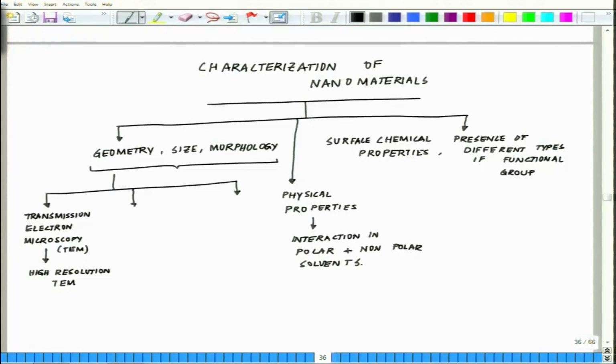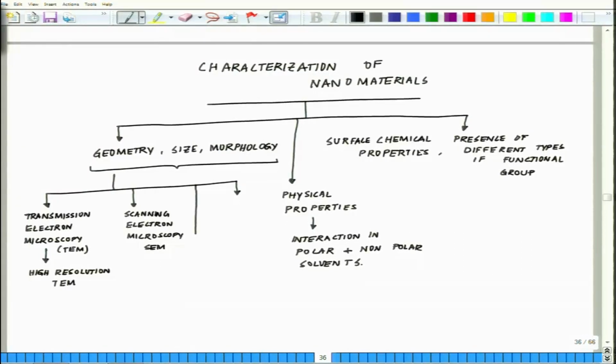Then you have scanning electron microscopy, which is SEM in short.